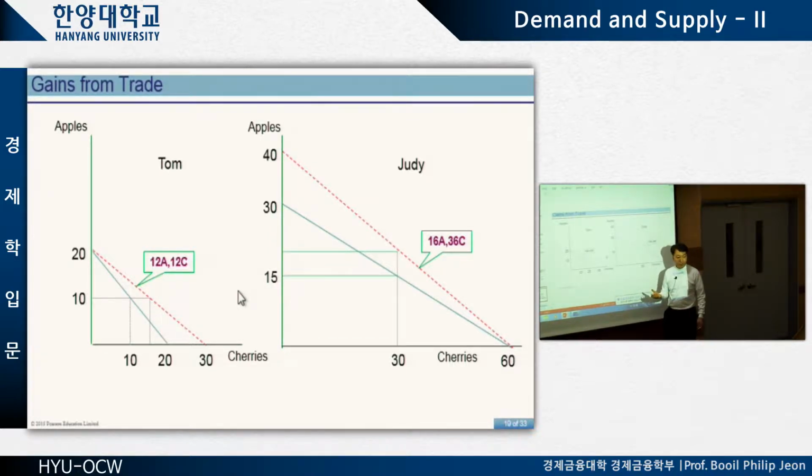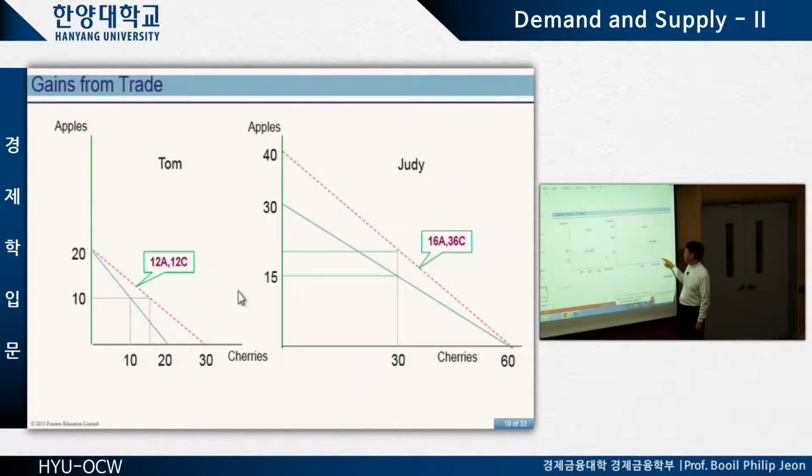But that's the maximum. In other words, the PPF will end right there, because the maximum number of apples Tom can provide to Judy is 20. Which means this. As a result of trade, yes, there is a benefit. Judy will enjoy any combination between this red dotted line and blue line in here.